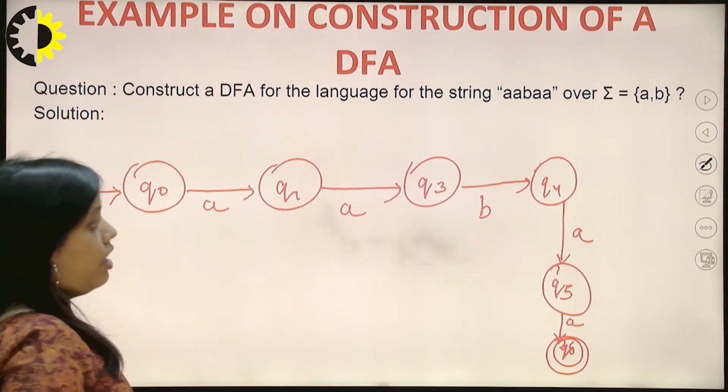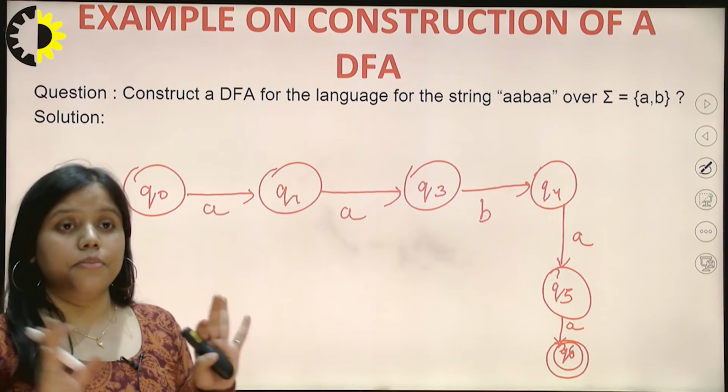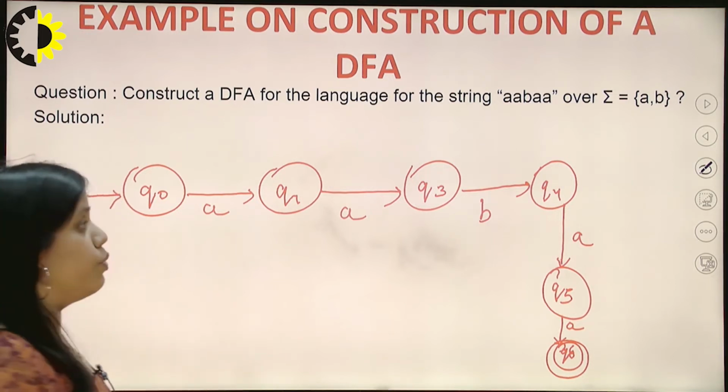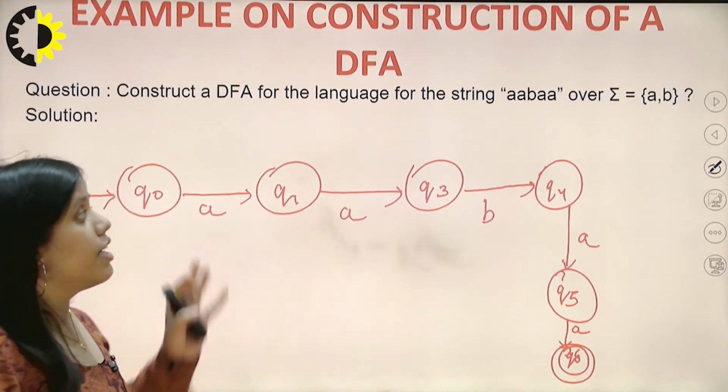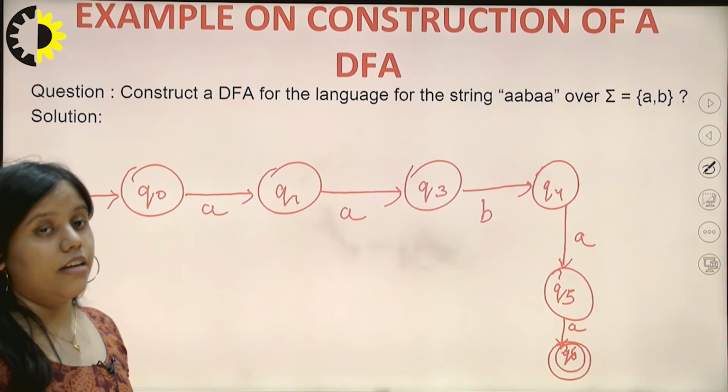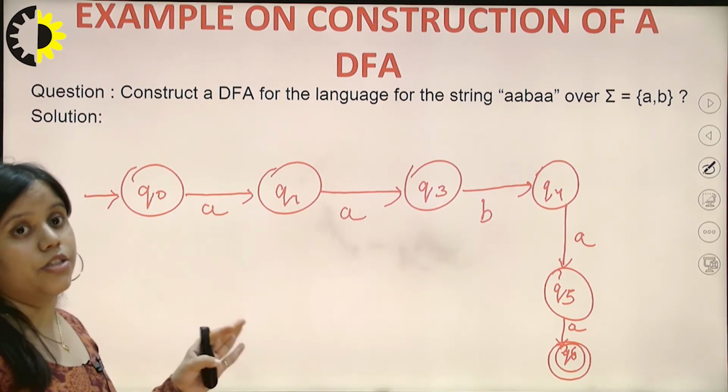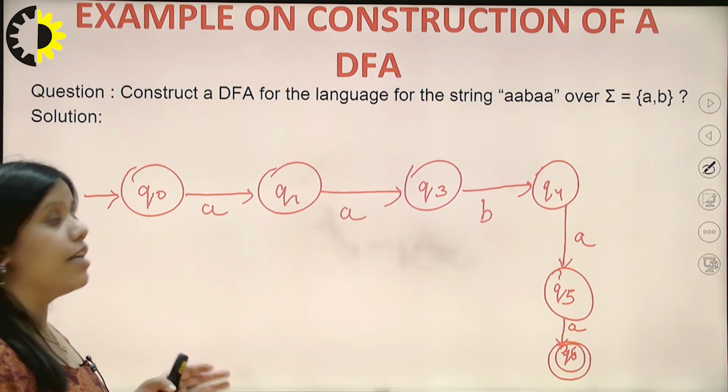Now, to make it a completely working DFA, we also have to create another state, a situation where we give the B input as well.